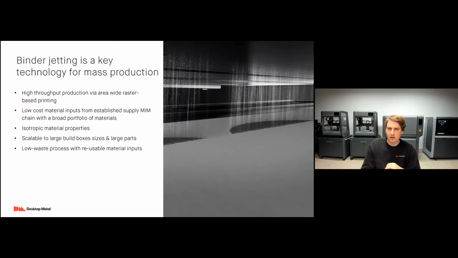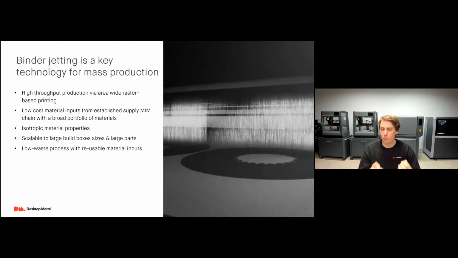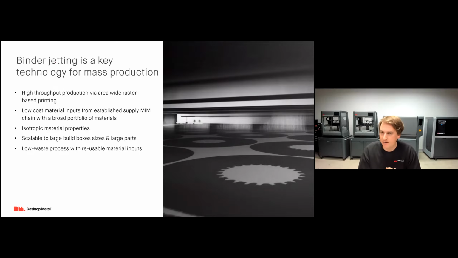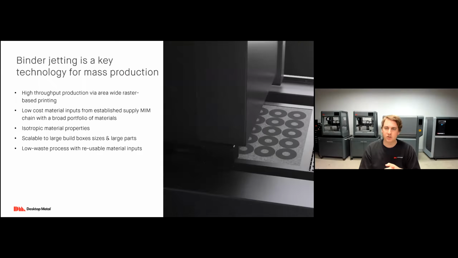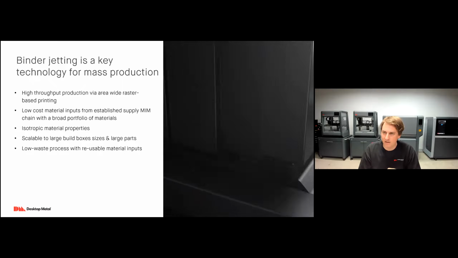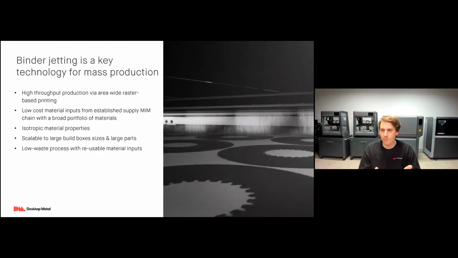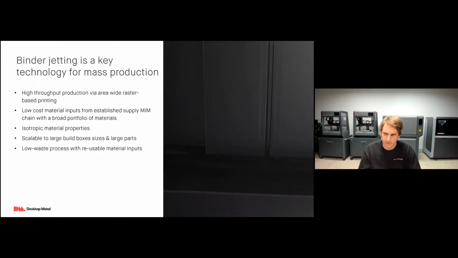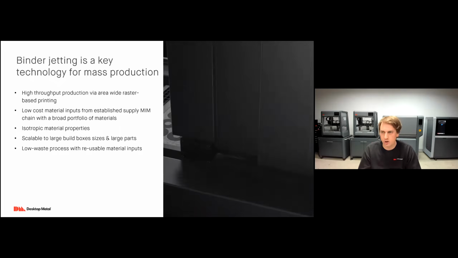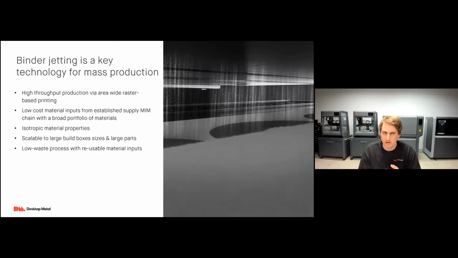of quantities. Binder jetting has really emerged as this key technology for mass production. It uses this high throughput production area raster-based printing, as you're seeing on the right here, where we're able to spread binder over an entire layer of metal powder in just a few seconds. Of course, compared to a point-based process, this is very, very fast, allowing us to print tens to hundreds of times faster than other printing processes.